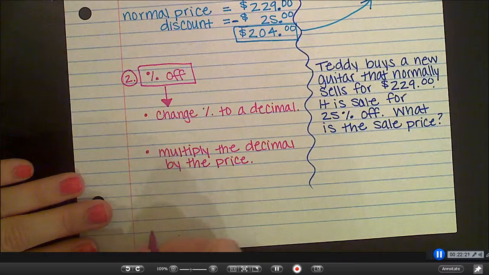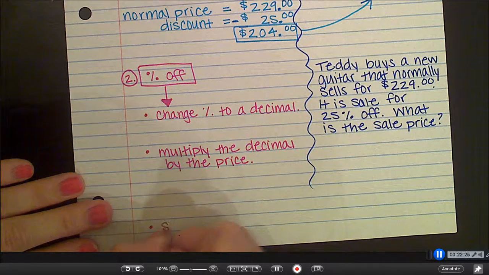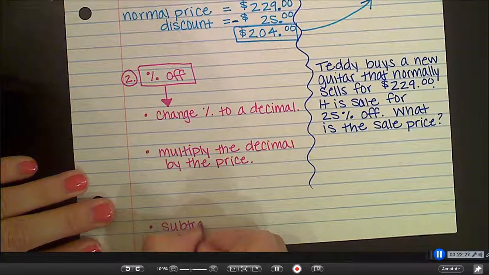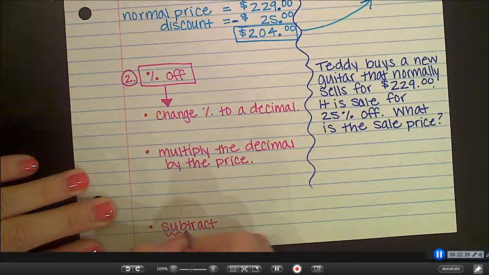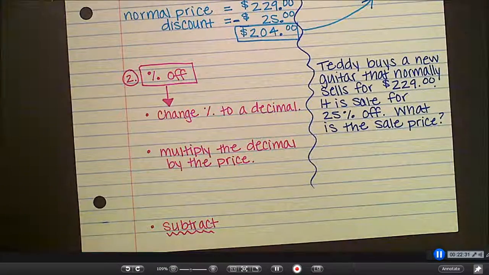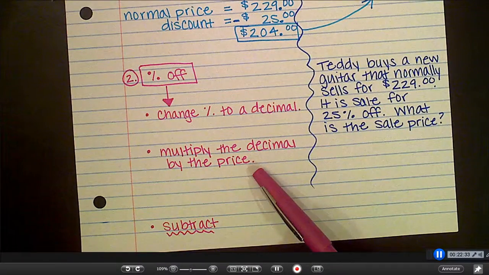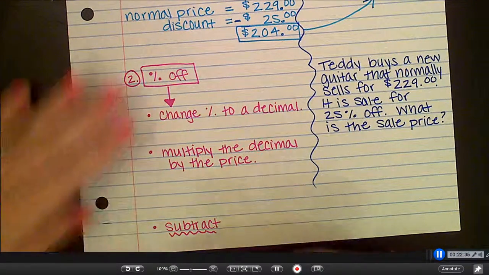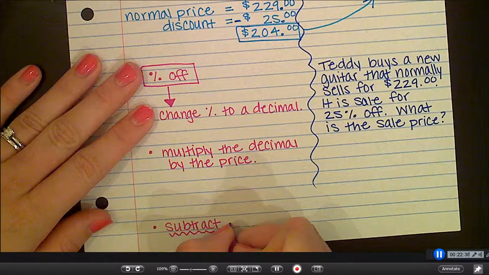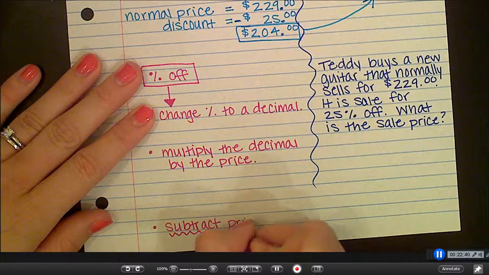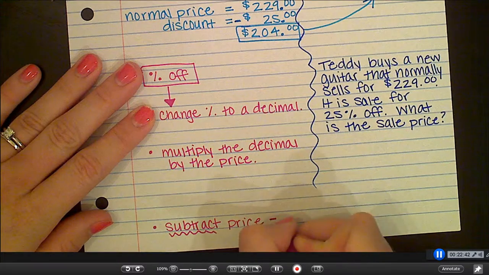And then in this case, we're going to come all the way down here. Then we have to subtract. So this is the only situation where you're really going to subtract after you have multiplied by the decimal. So subtract the price minus the discount.